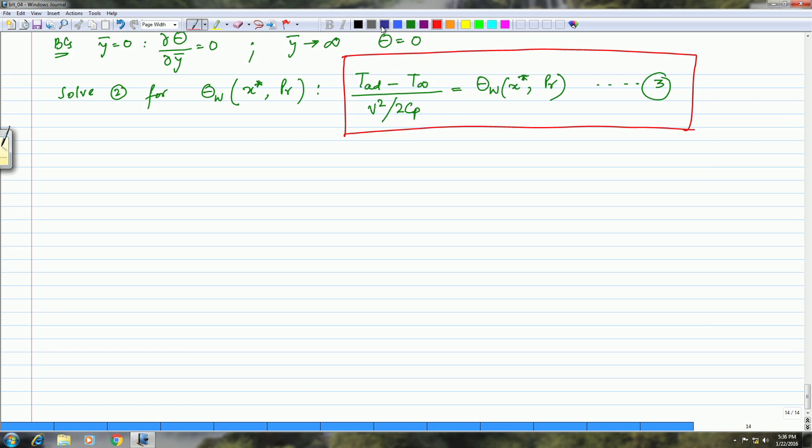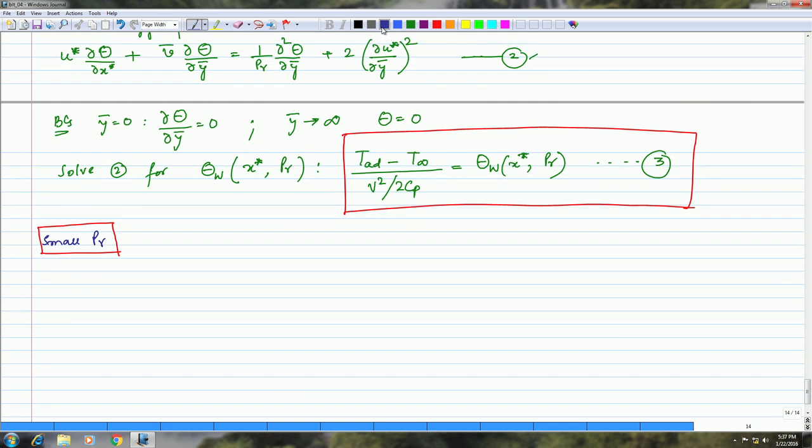We're going to start off with small Prandtl number. So let's keep looking at equation 2.